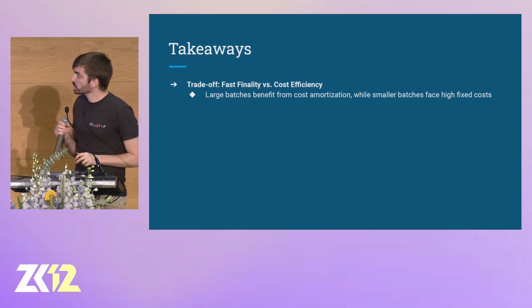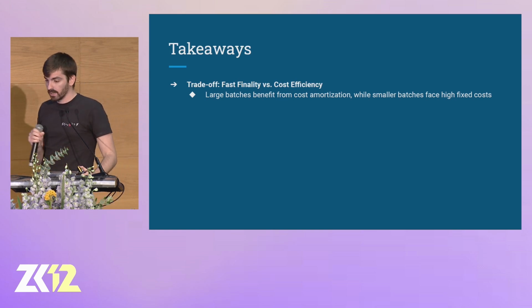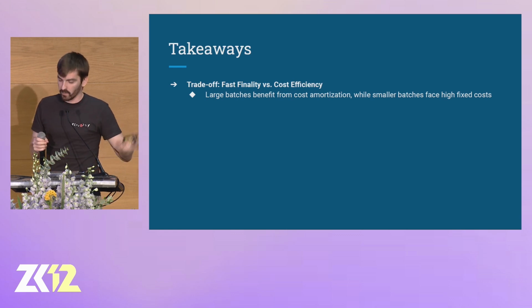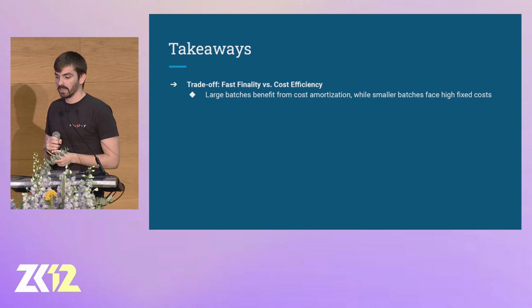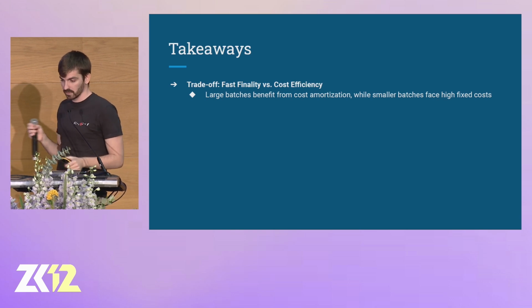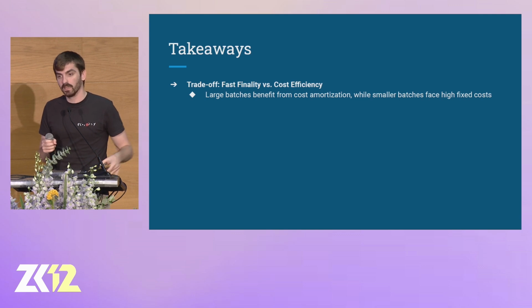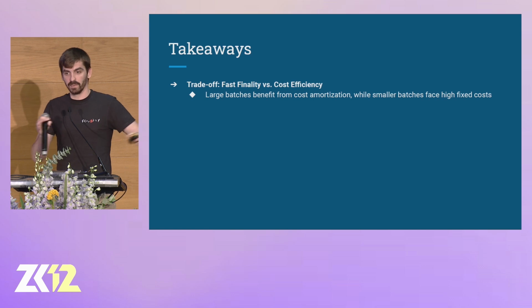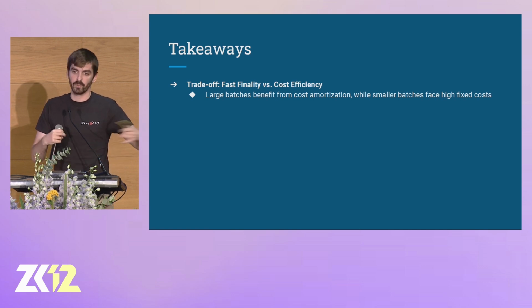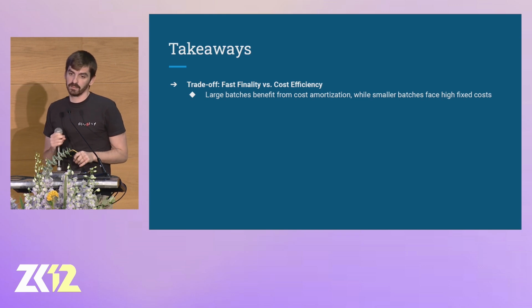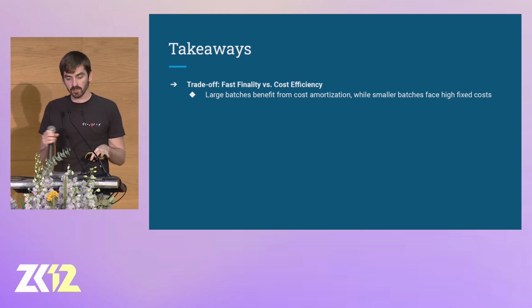So what are some main trade-offs? We have some main takeaways, sorry. We have the trade-off between fast finality and cost efficiency. And that's especially important when you don't have high volumes of transactions, and maybe you want to delay a bit, so you provide cheaper prices to your users, or you might have to have different mechanisms there.